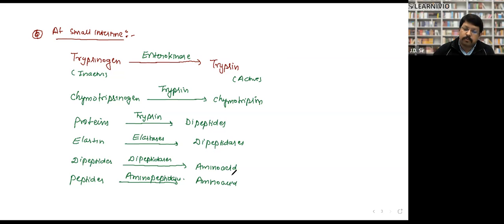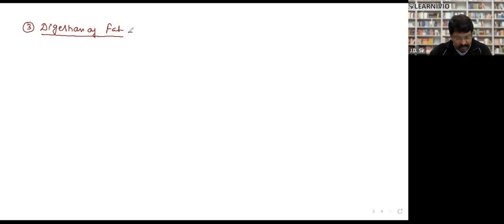Now the next part is to put the heading: digestion of fat. Fat is acted on by bile juice, right?